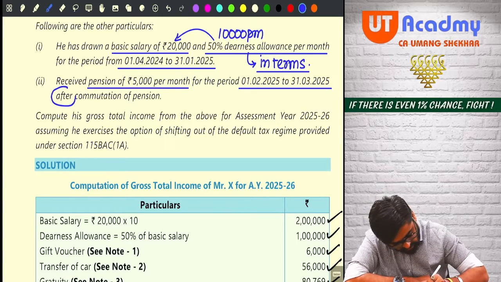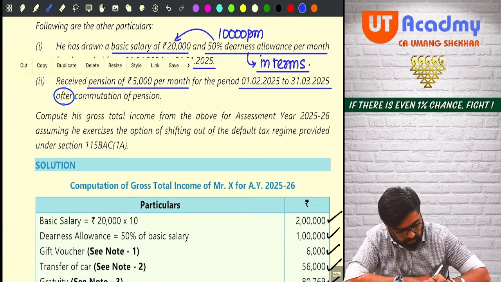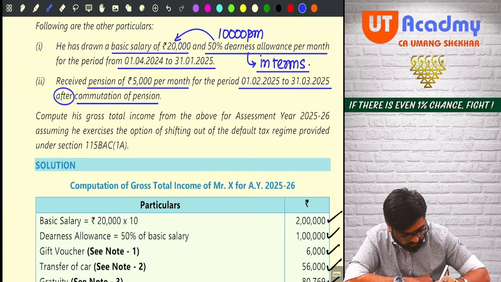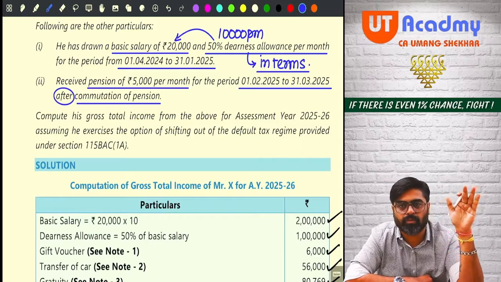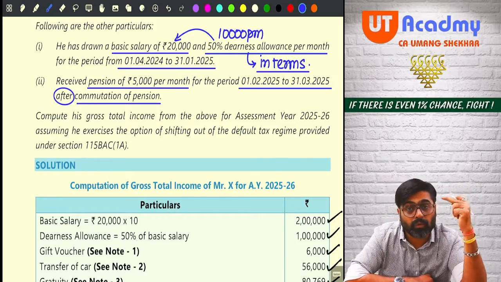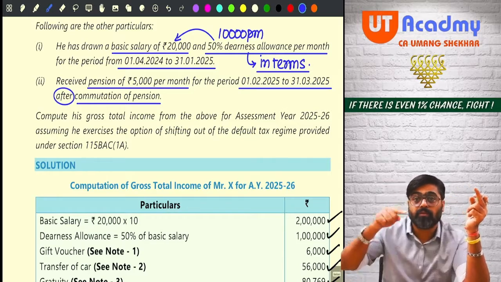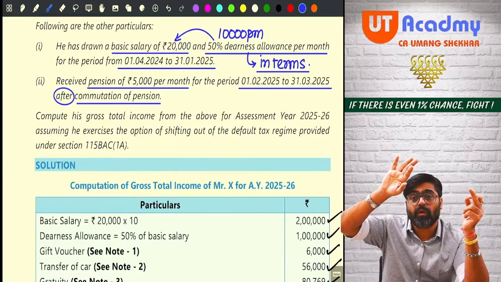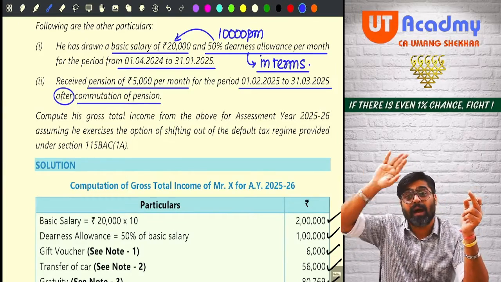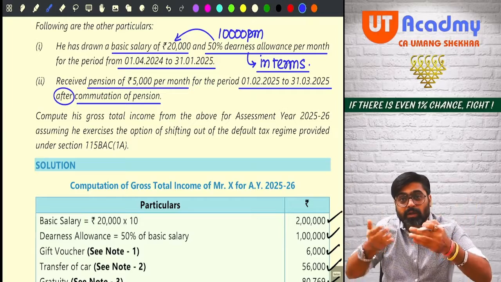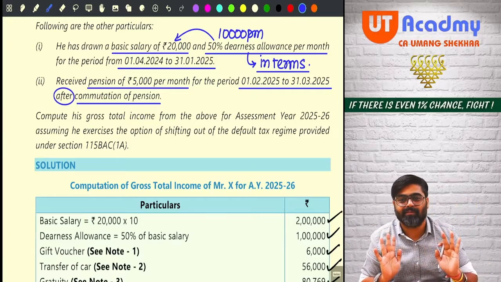Okay. Next one. Received a pension of 5,000 per month from February to March. After, they have written what? After means some monthly pension was promised. Out of that monthly pension, see above, you have commuted 2/3. After commuting 2/3, you are receiving 5,000.